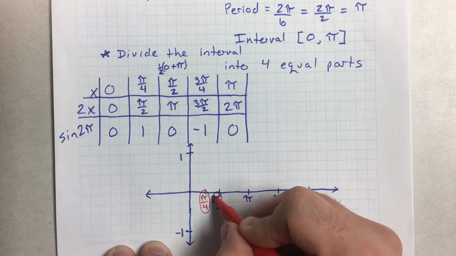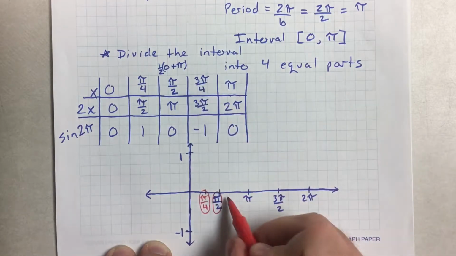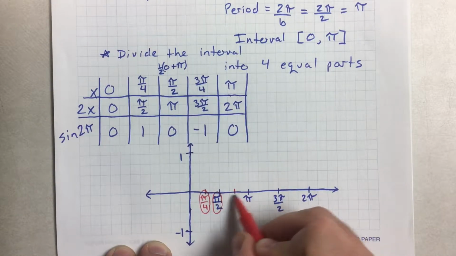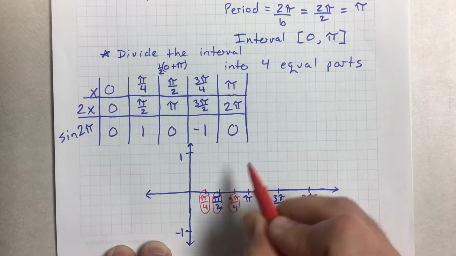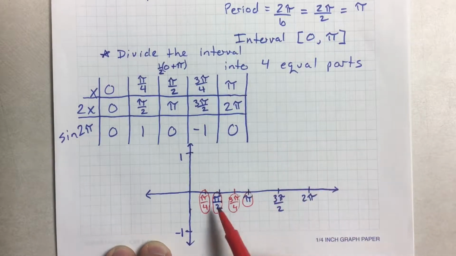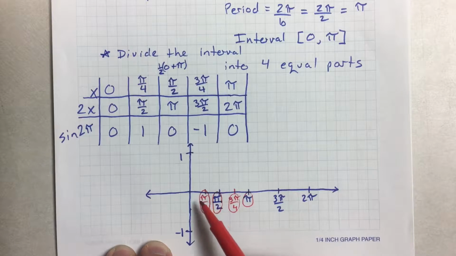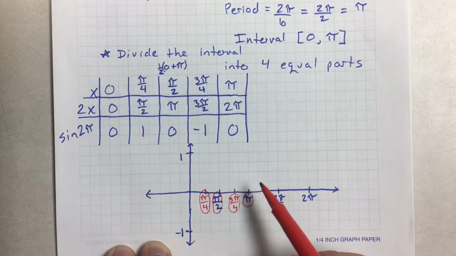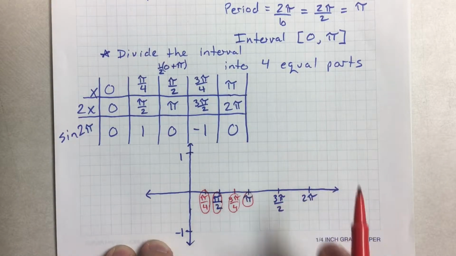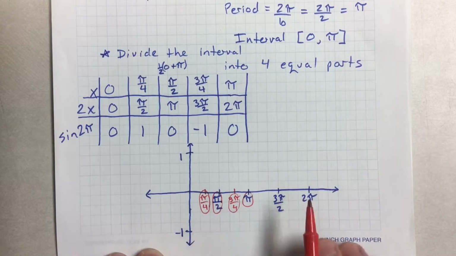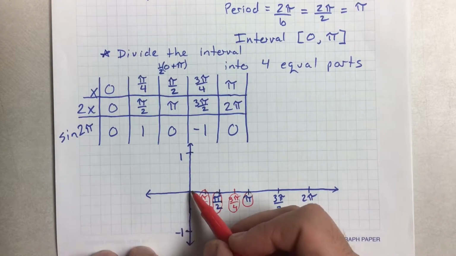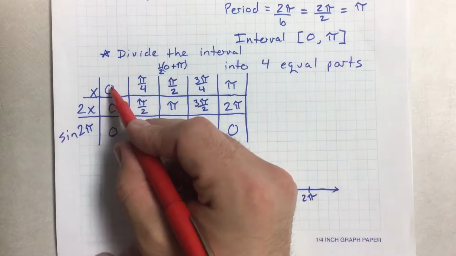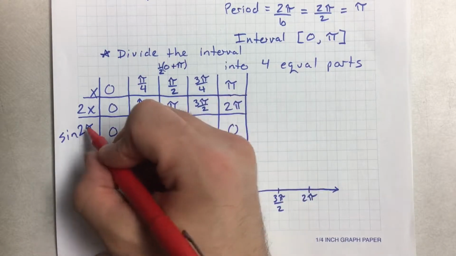Pi/2, I already have, so I'm going to circle that. 3 pi/4 is halfway within this interval. And then pi. Circling gives me a better visual of where to exactly put my points, otherwise it might get a little cluttered here with all the markings. So at 0 now, at 0, sine of 2, this should be 2x, oh my goodness.